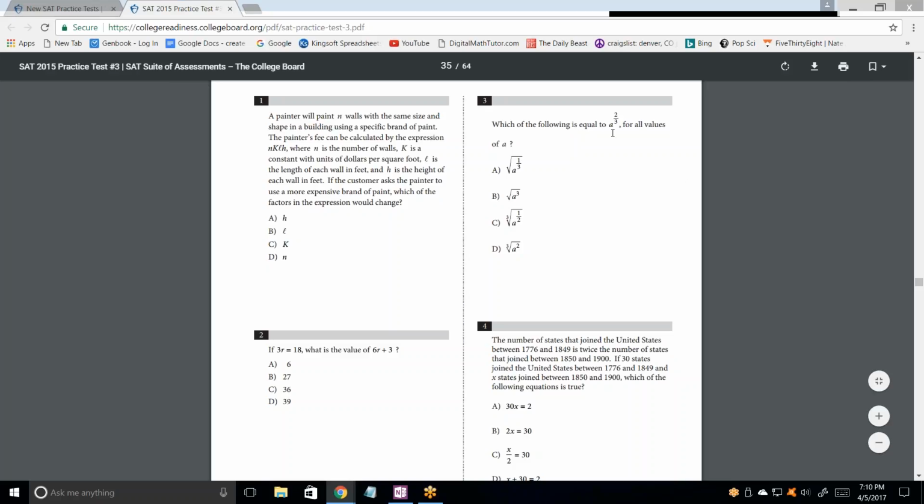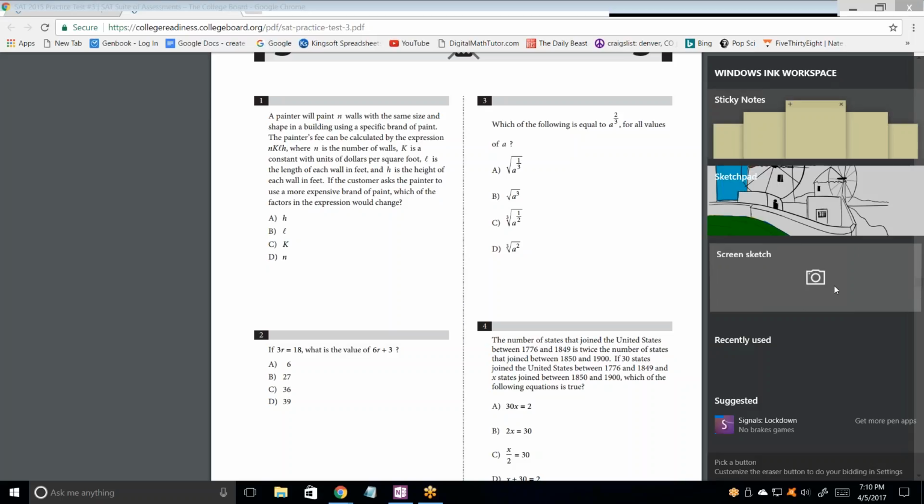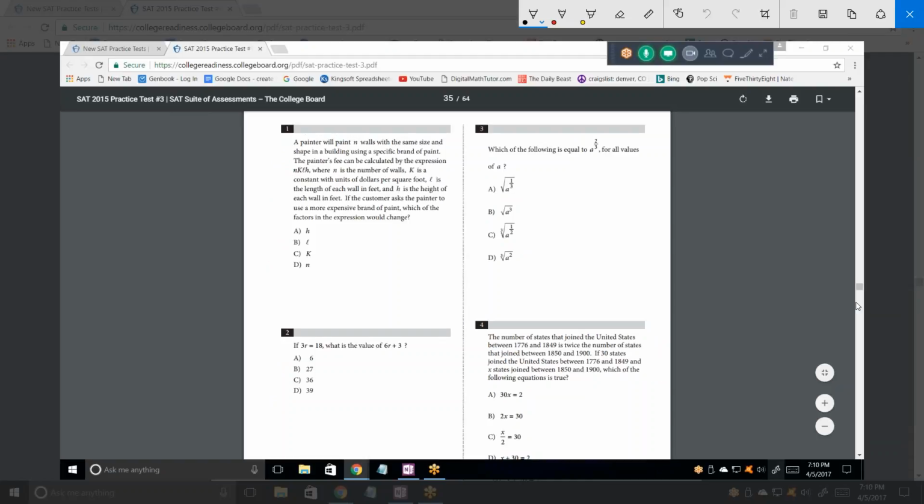Well, and whenever you're doing these, say you had a number such as, see, now I can't resist. Say I had 8 to the 2/3 power. These are always done best by doing the root first.